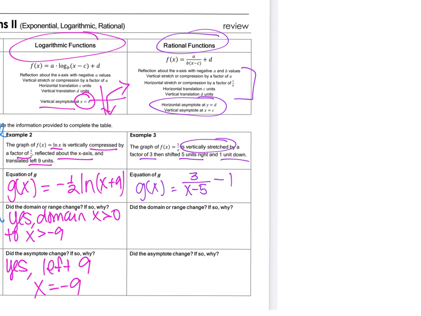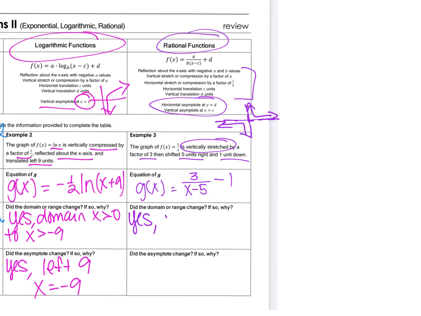Normally rational, if you don't remember, looks like this, 2 separate pieces. Remember, our domain and range on rational is what it cannot equal, because there are 2 pieces that it can't equal. So yes, both of them changed because we had a horizontal shift and a vertical shift.